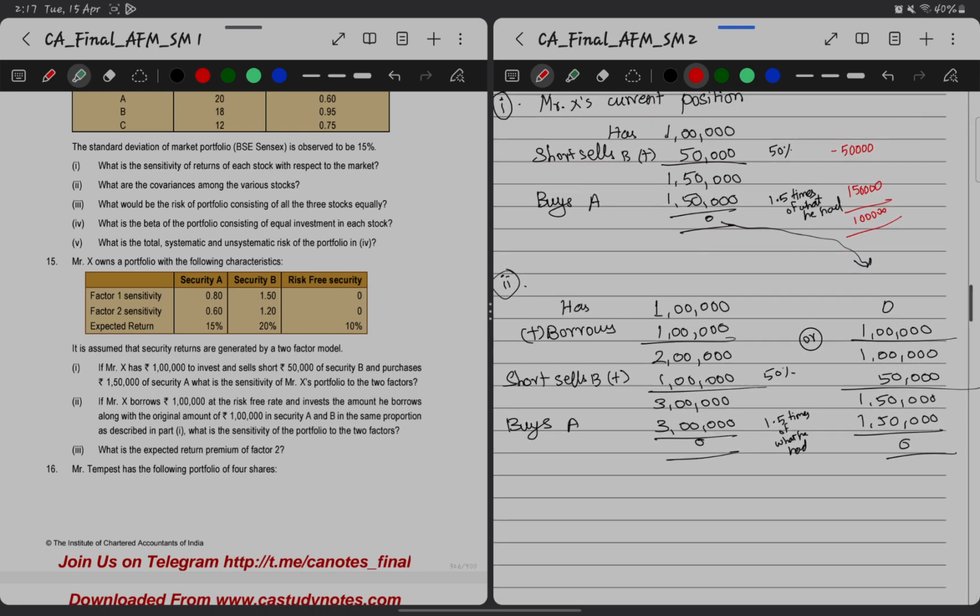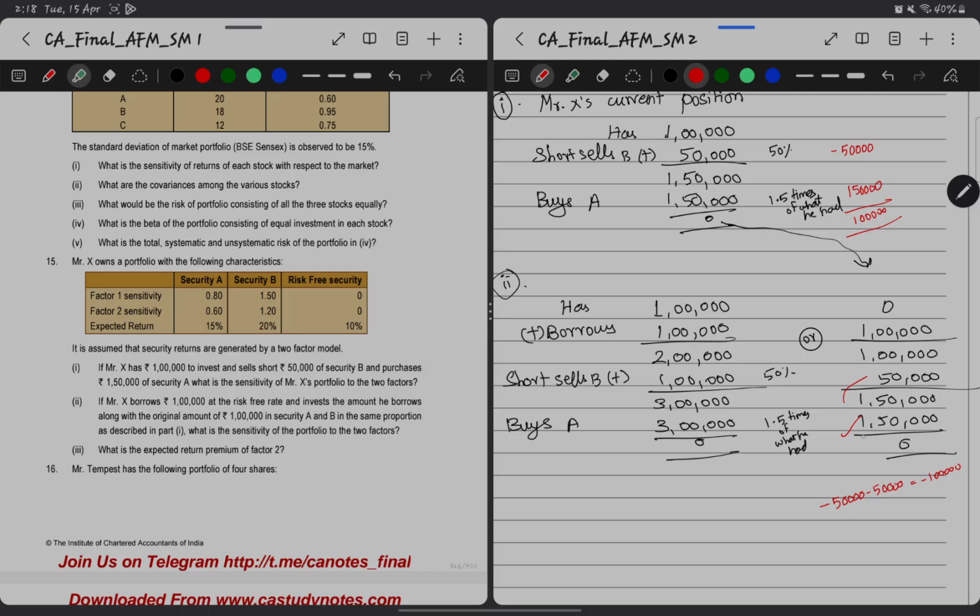There are two ways, both will be the same. So if we are considering from the first scenario 0, he is borrowing 1 lakh, then again he is doing the same thing, short selling in security B and then buying A. In the same scenario, the first short selling was minus 50,000, again short selling in B will give us minus 1 lakh.